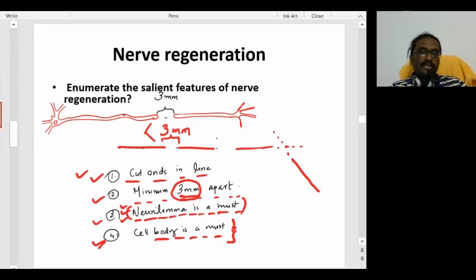So if the cell body is burst, or if the nucleus is out of the cell body, in such cases the chances for the nerve to regenerate are way less, because there is no nucleus and there is no cell body.